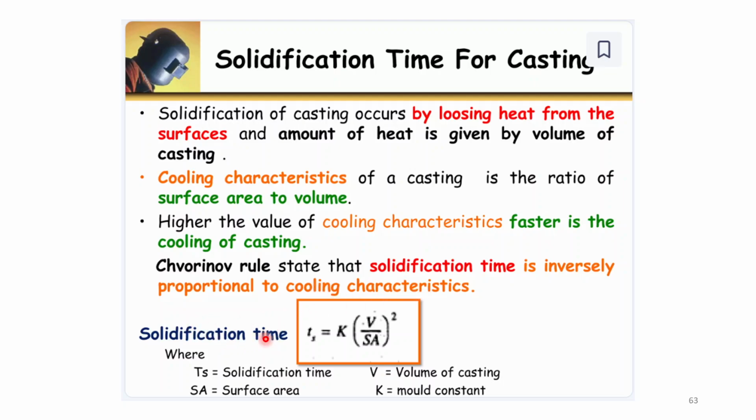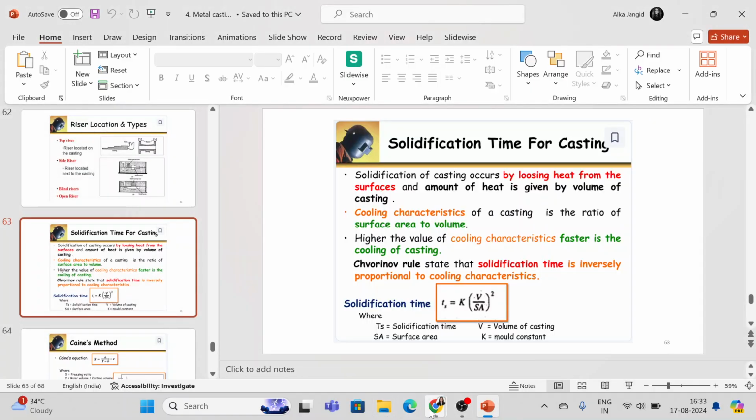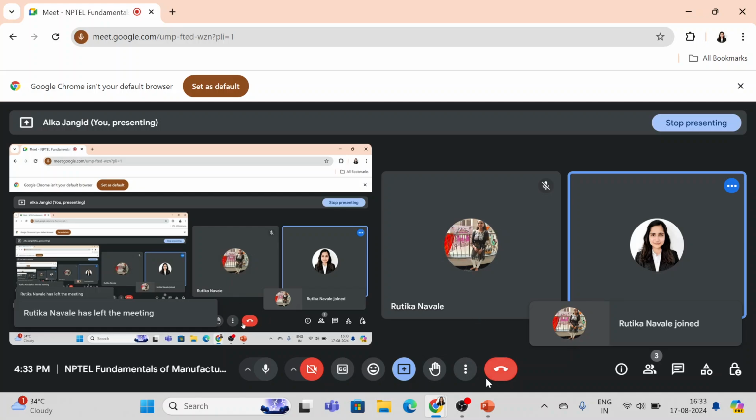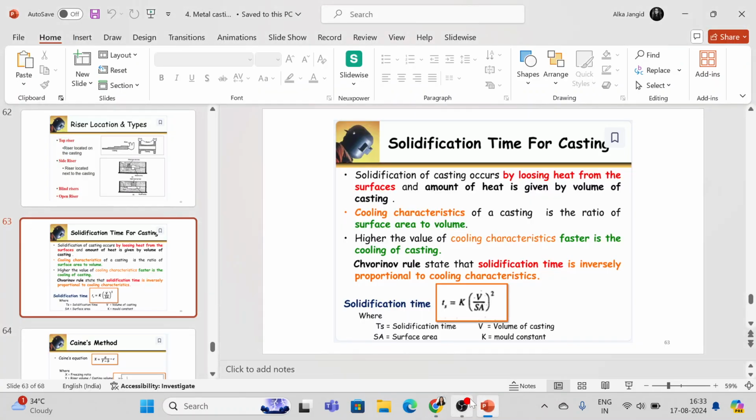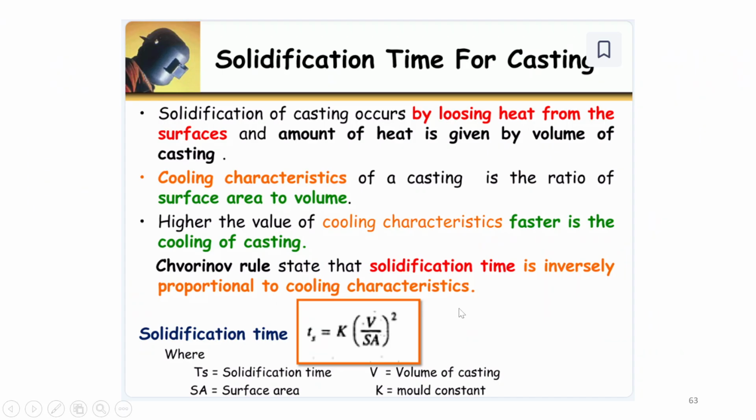So your solidification time is given as Ts equals K times volume upon surface area squared. Here Ts is solidification time, SA is surface area, V is volume of casting, and K will be your mold constant.